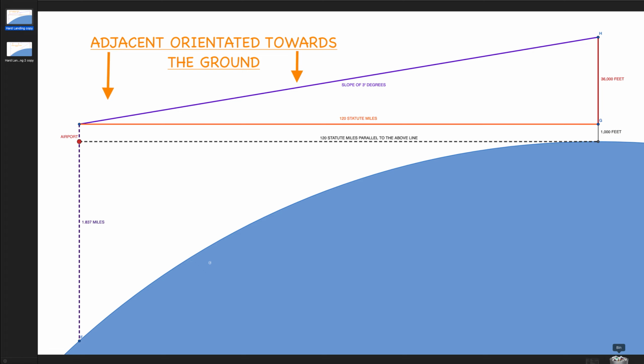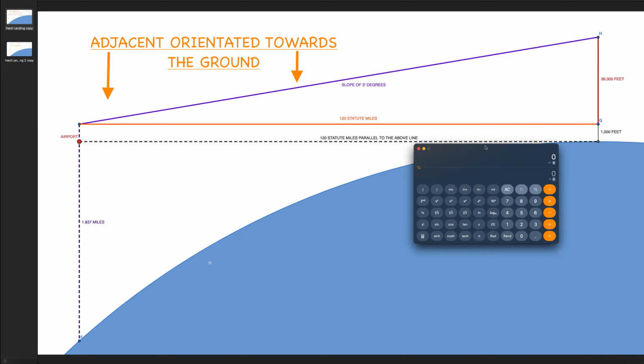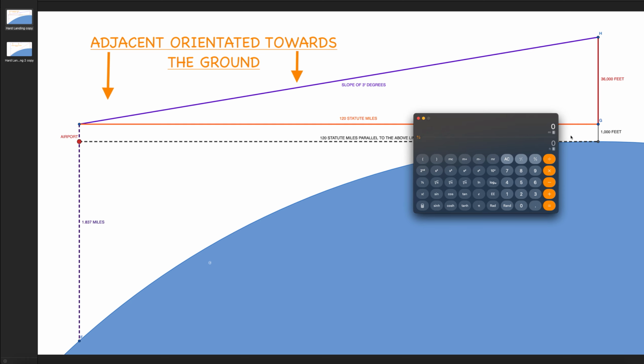So how that calculation works, there's two ways, but the basic way is, you put in 36,000 and you divide that by 300, and that will give you the distance at which you must start descending, at an average of 3 degrees.